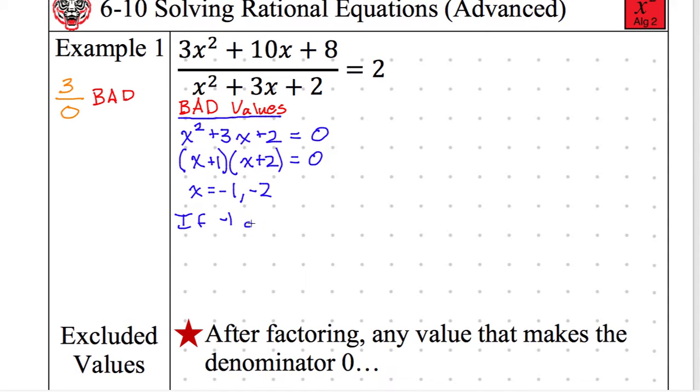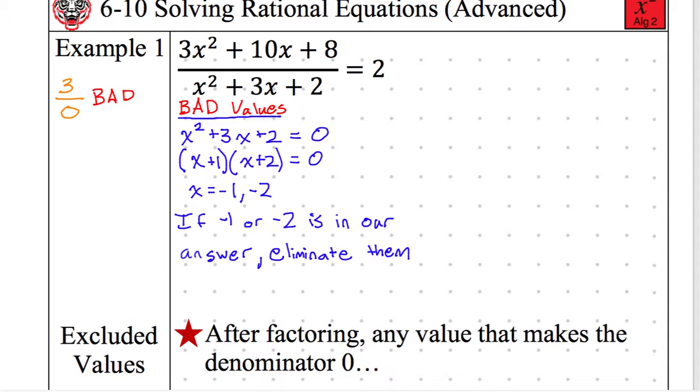If -1 or -2 is in our answer, I'm saving room on the right hand side to do the problem, eliminate them. Our answers cannot be -1 or -2.